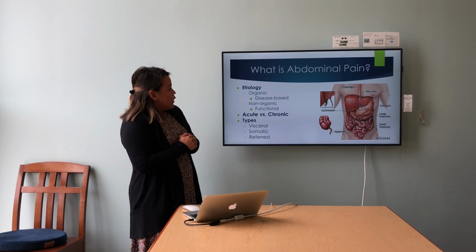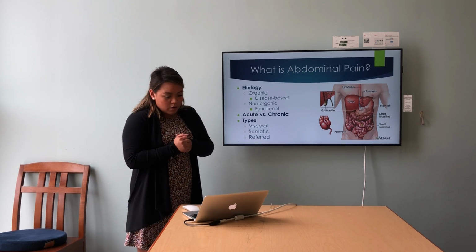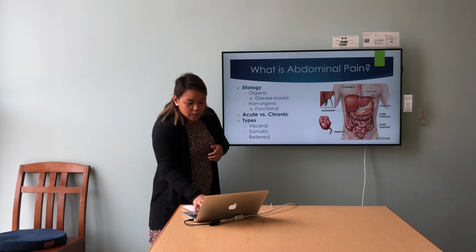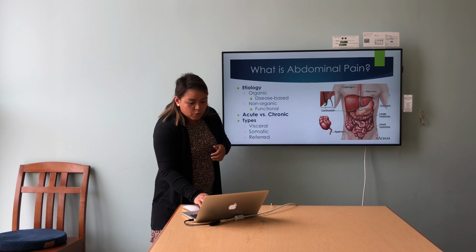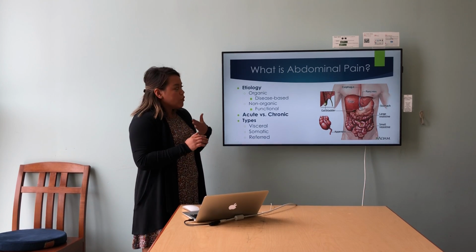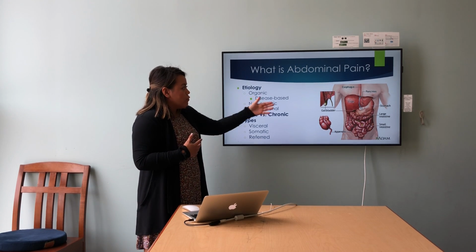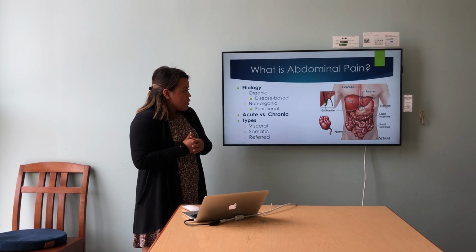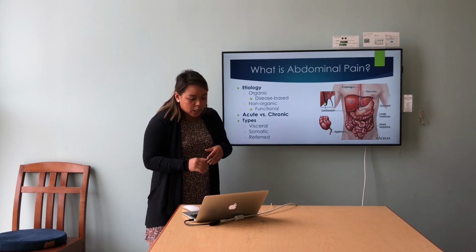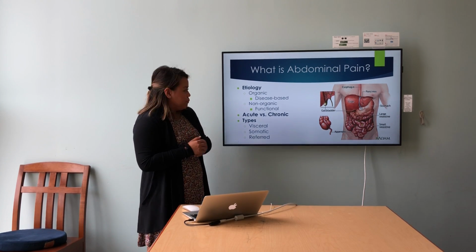The etiology of abdominal pain can be organic or disease-based, so it can result from anatomic, physiologic, metabolic, or inflammatory causes in one of those organs. Non-organic or functional abdominal pain means that there is no clear cause of the pain.